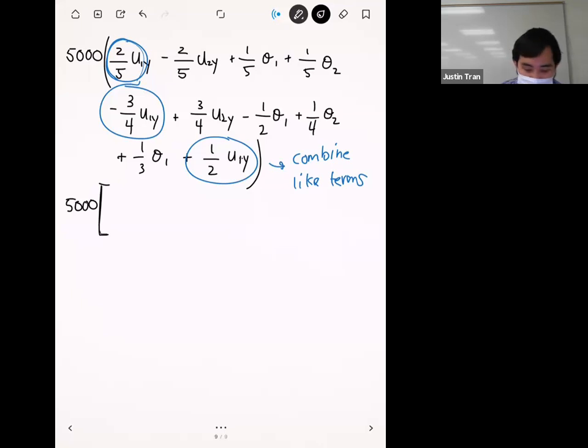Then the next thing we're going to do is write down all the terms that have u1y. We can see we have a positive 2/5, a minus 3/4, a positive 1/2. All these terms came from the blue circle terms.